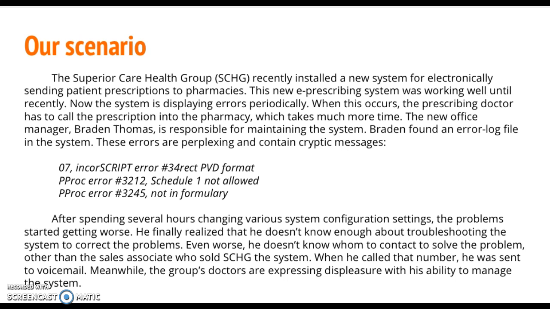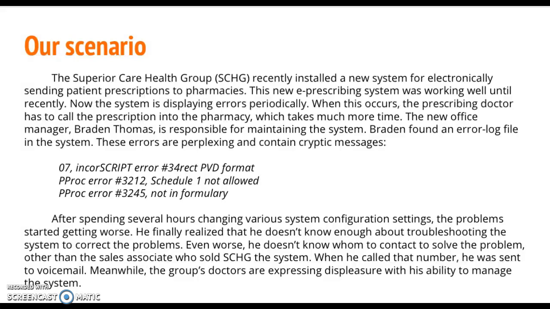So our scenario is that a healthcare group has recently installed a new system for electronically prescribing patients' medications to go to pharmacies. Unfortunately, the manager, Braden Thomas, is responsible for maintaining this system. He's getting some odd error messages contained within the system, and he's trying to figure out how to resolve these problems.